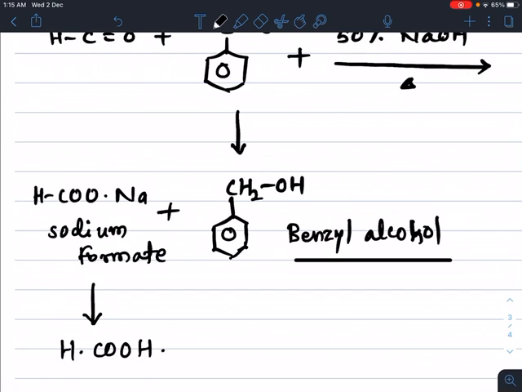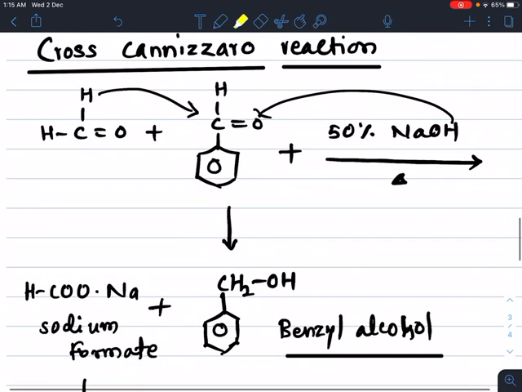So this is about the cross Cannizzaro reaction: two different aldehydes lacking alpha hydrogen, formaldehyde plus benzaldehyde, when treated with concentrated NaOH and heated, benzaldehyde is converted into benzyl alcohol as the reduced product, and formaldehyde is converted into sodium formate as the oxidized product.